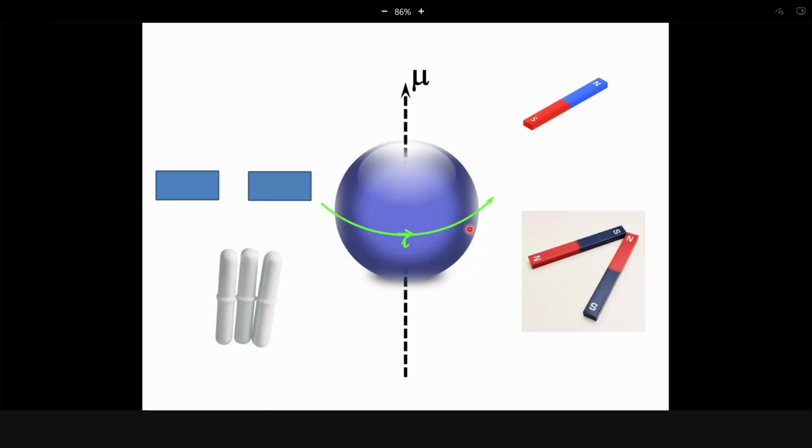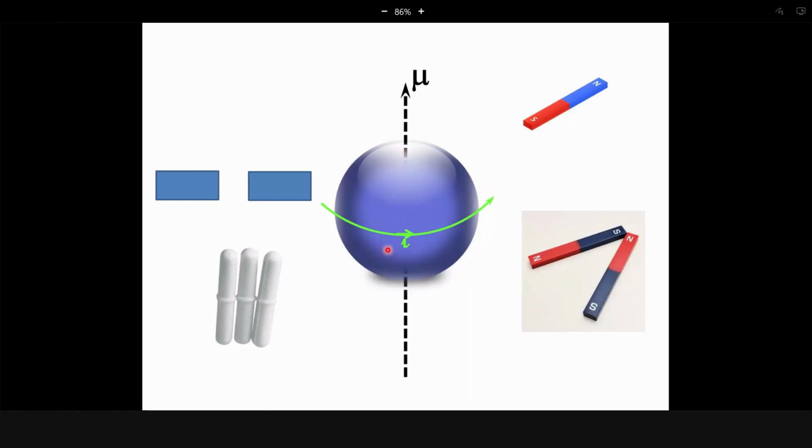Because of this movement around the axis, the charge in the nucleus will generate an electric field, and will generate a magnetic moment. This is because we have a spin number, I repeat.